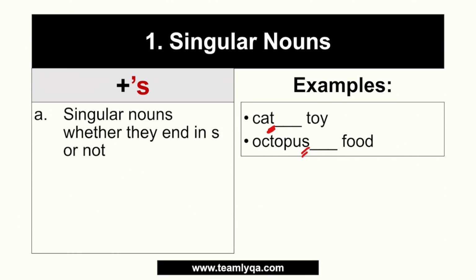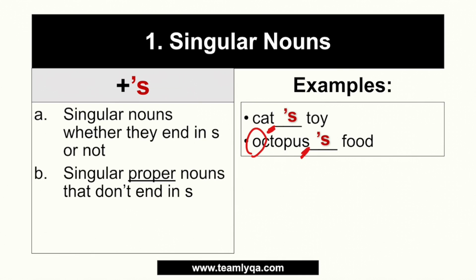Okay? Siya ay common noun at kahit natatapos siya sa S, the rule will still apply. Kasi sila ay parehong common noun. These will use apostrophe S. So, the cat's toy or a cat's toy and an octopus's food. Again, kahit S ang ending niya, dahil hindi siya proper noun, apostrophe S pa rin siya.